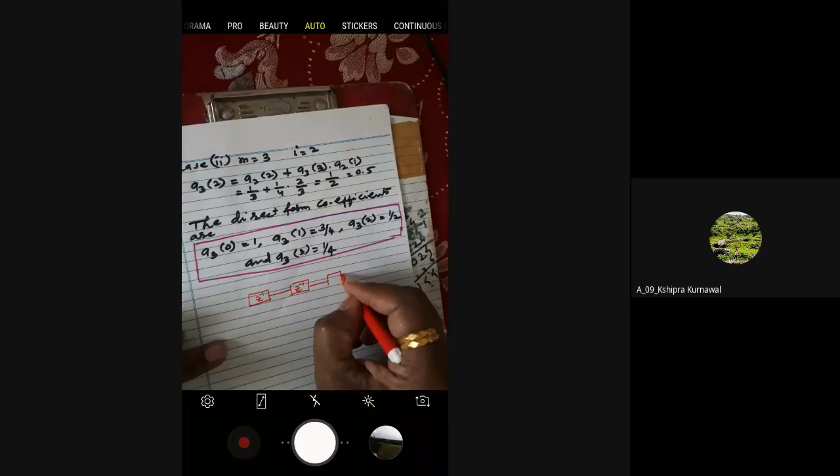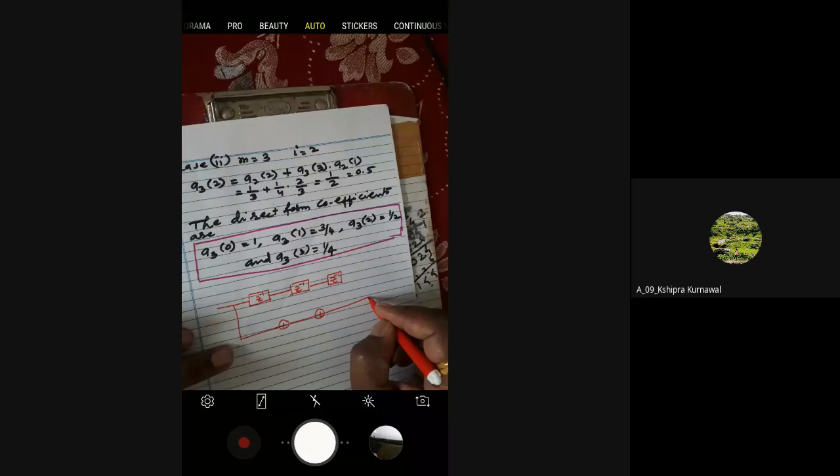If the order is 3, then we require 3 delays. So I take 3 delays here: z inverse, one more z inverse, and one more z inverse. Here I give the input x of n and connect this way, 1, 2, and 3.